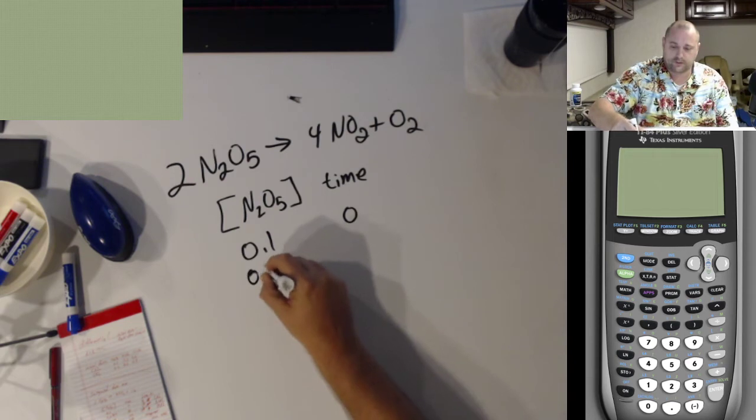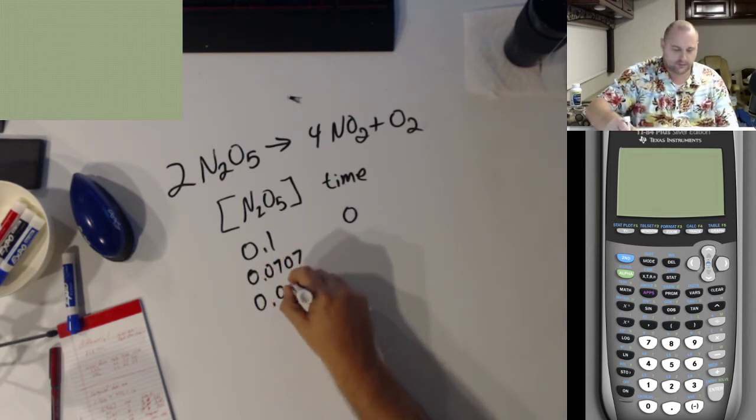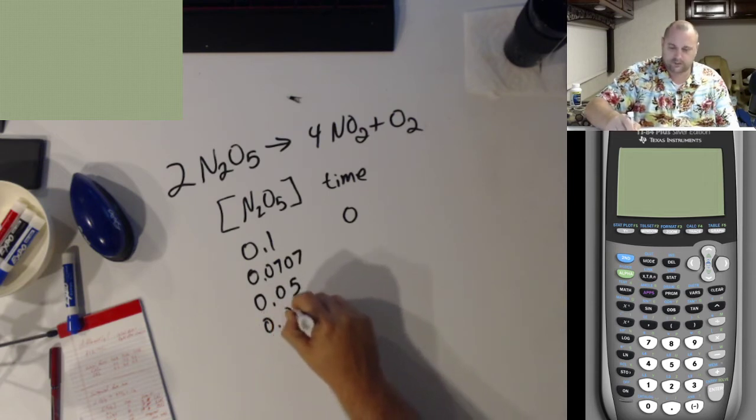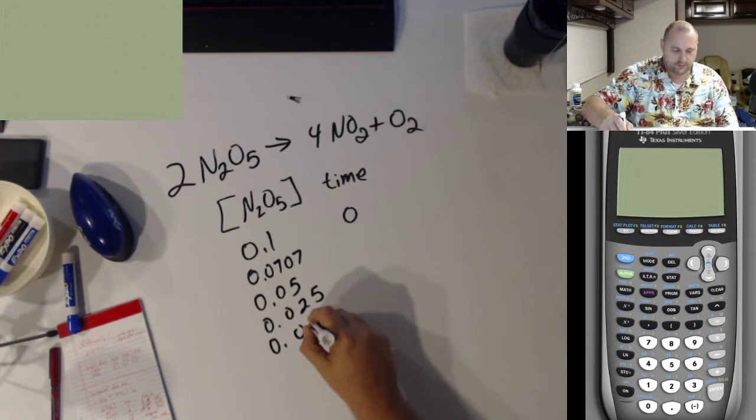And 0.0707, I'm just going to fill these in. And you can start to see a pattern here.